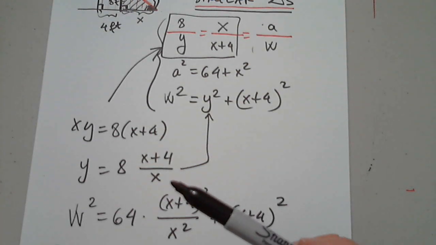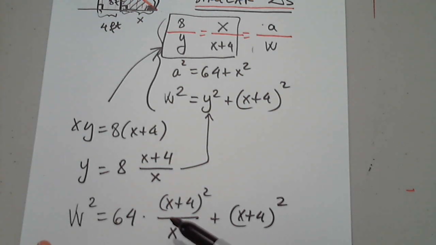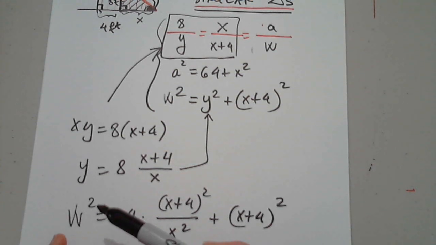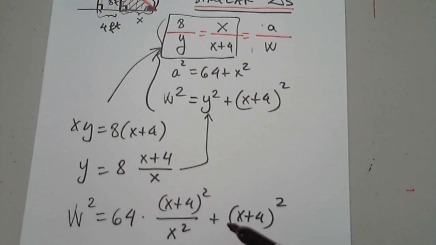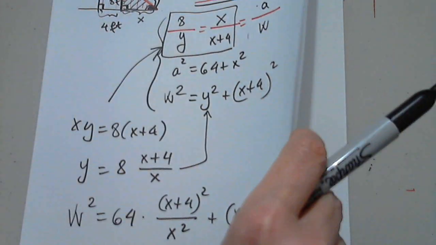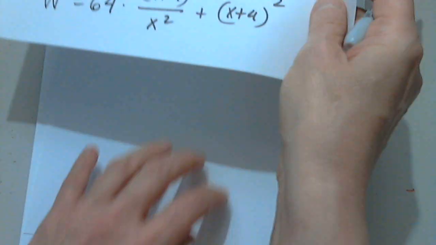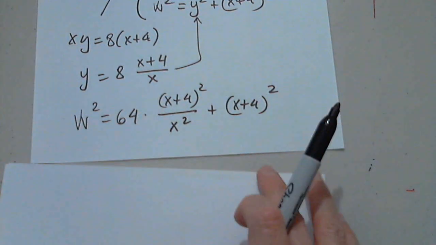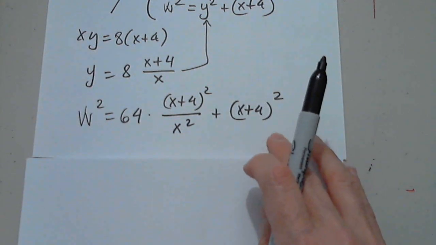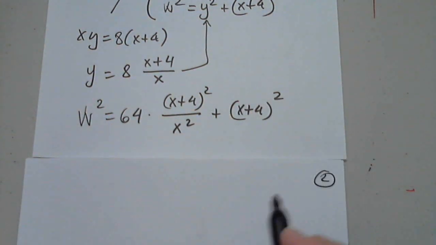Okay, at this point, I will have to take the square root and differentiate afterwards. Take the square root from both sides and differentiate with respect to x, of course, and see what happens. Okay, I'm on page 2.